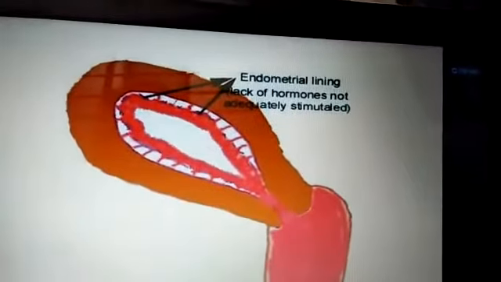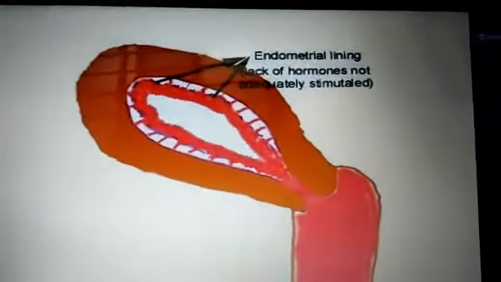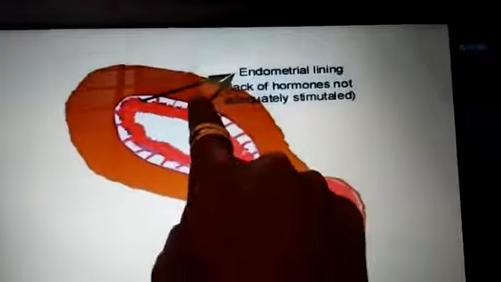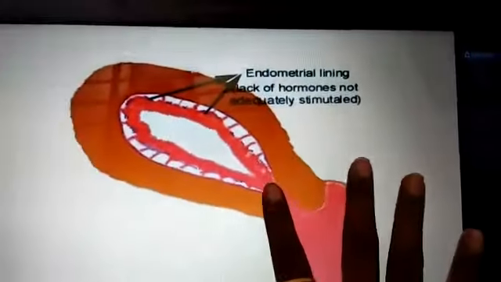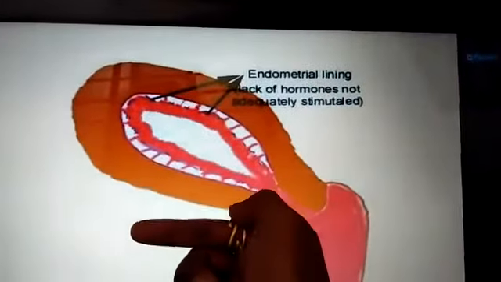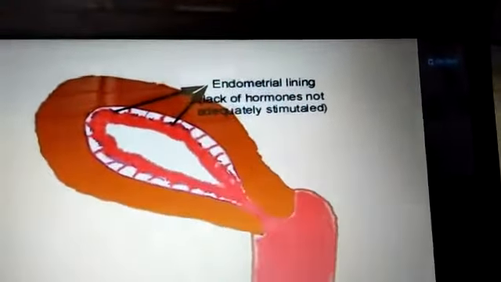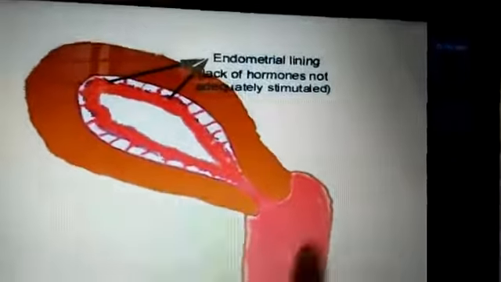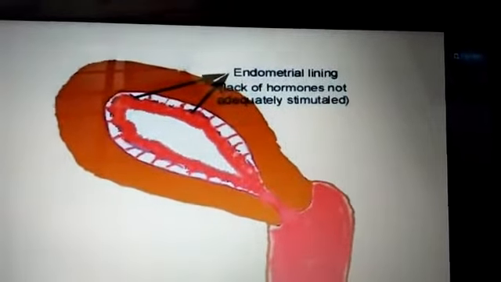So clinically the patient presents with irregular cyclical bleeding. There is no pathology as such, but the problem is that the growth of the endometrium is not taking place properly. The growth should take place equally and normally, and it should be shed normally after 28 days. That is irregular ripening.